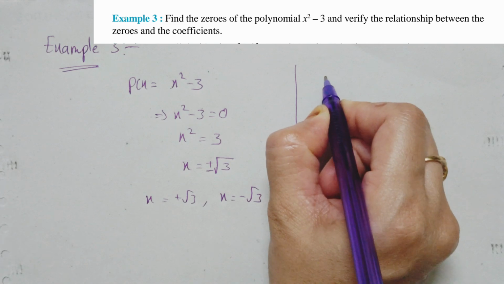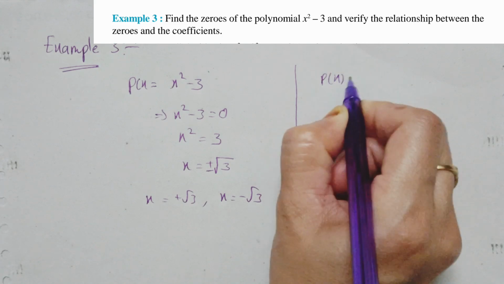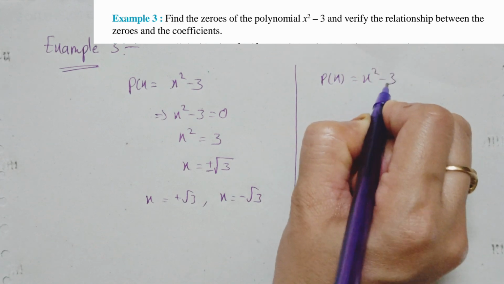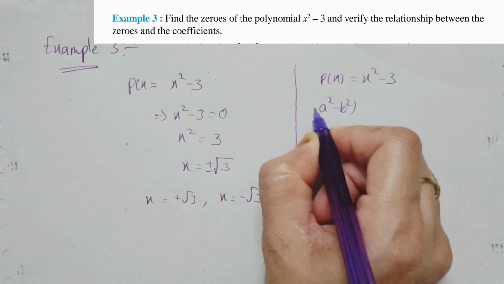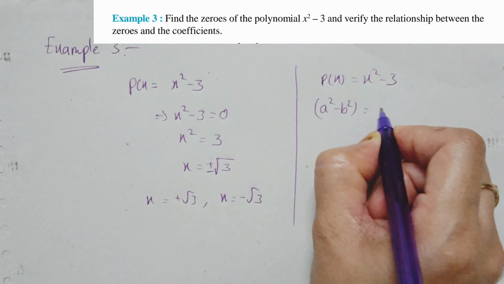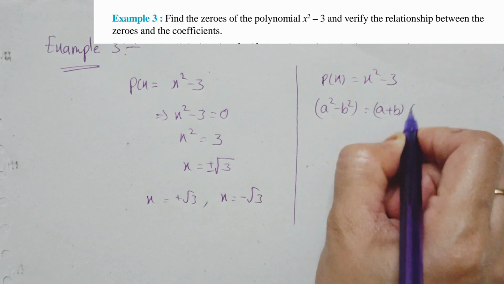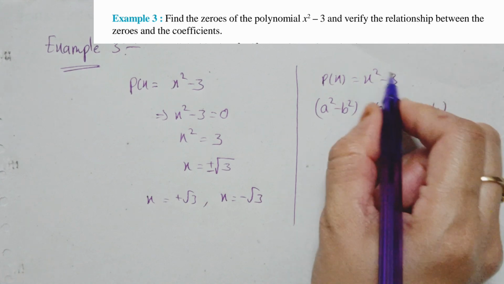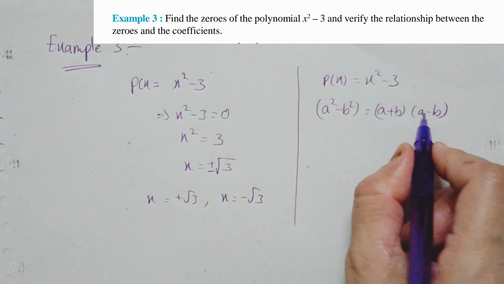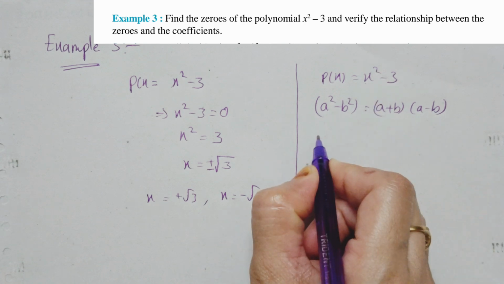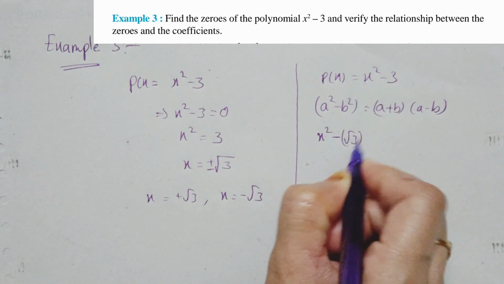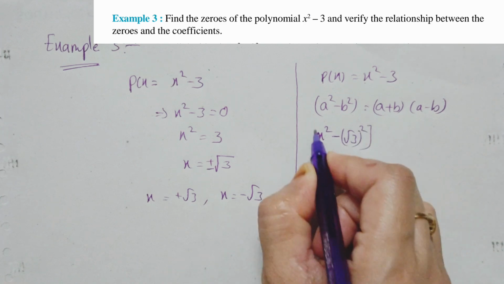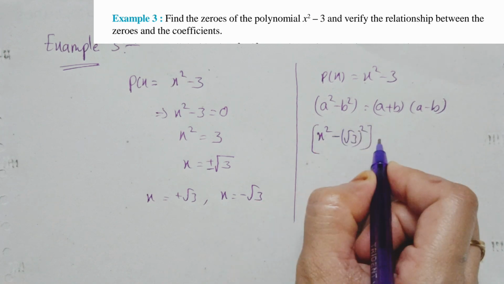Okay, these we can do in another way also. So what is the polynomial? P of x equal to x square minus 3. This is in the form of a square minus b square. The a square minus b square formula is a plus b into a minus b. So we can write x square minus 3 as x square minus root 3 whole square.